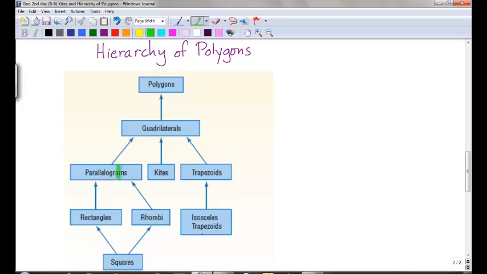Rhombi go to parallelograms. Is every square a parallelogram? Yes. It will work its way up to a parallelogram. Then from parallelogram, go up to quadrilaterals. That's four-sided. And then from quadrilaterals, go up to polygons.